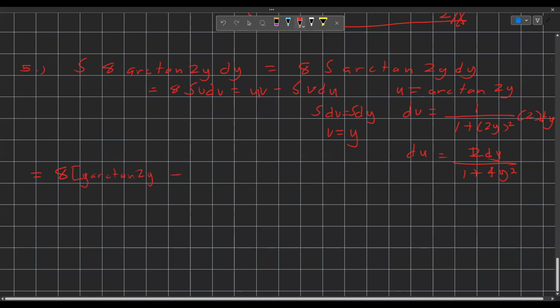Minus the integral of v. Our v is y, and our du is 2 dy over 1 plus 4y squared. So we can write this term like this, plus c.